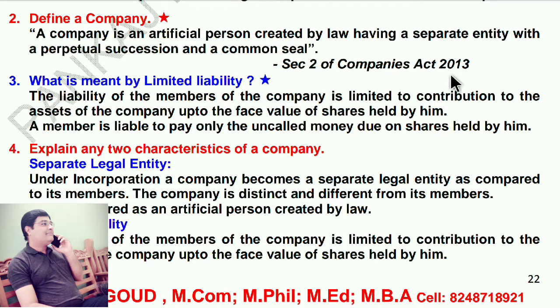So, as per the law, rules and regulations will be followed in a company. Perpetual succession means members may come and members may go, but the company will go on forever. Common seal means the seal of a company shows that these shares belong to the particular company.